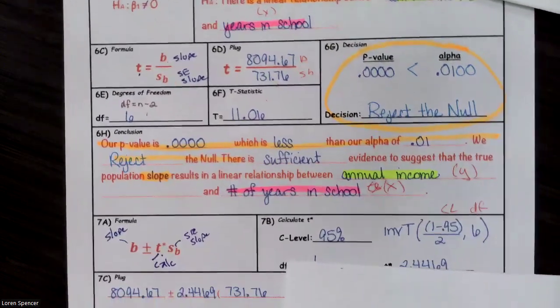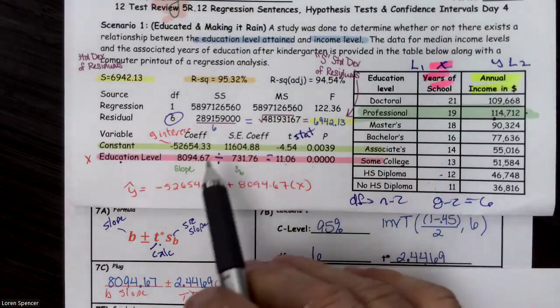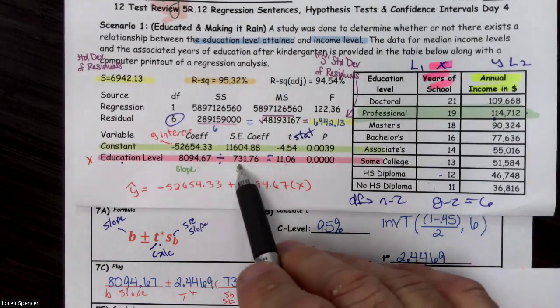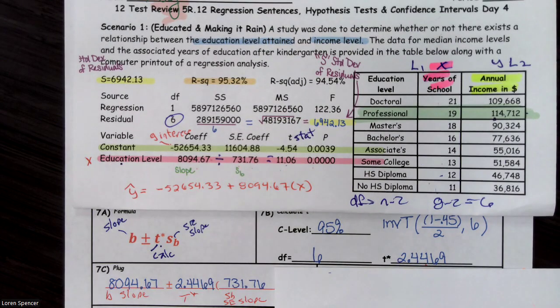And when I plug into the formula, I end up having B, this is my B or my slope. This is my T star that we calculated right here. And this is my SB or standard error of the slope. And remember, slope came from here, and there's SB. All right. So those are the two values that we plugged in.